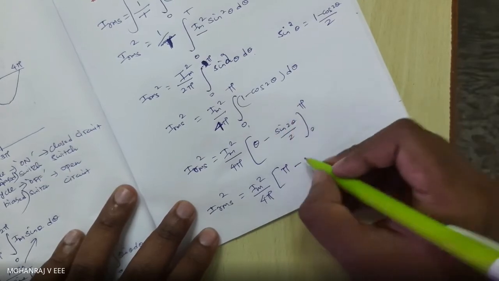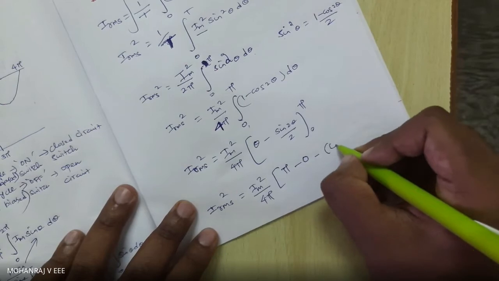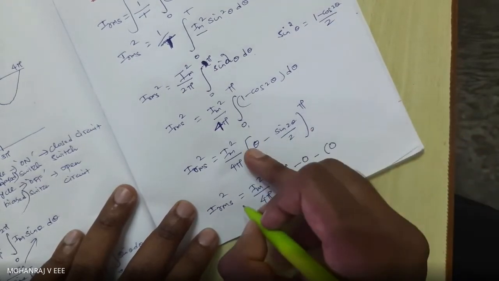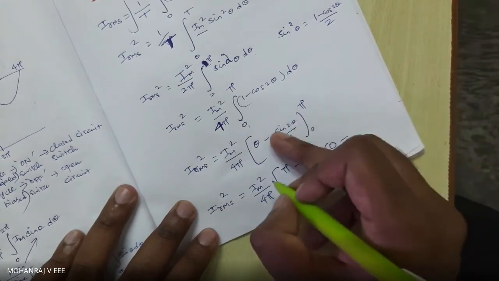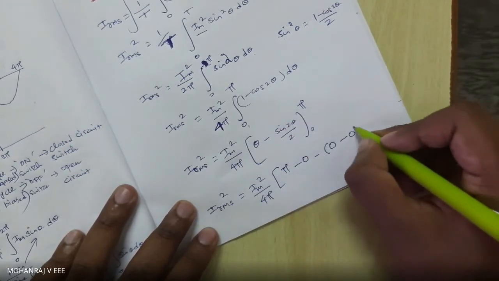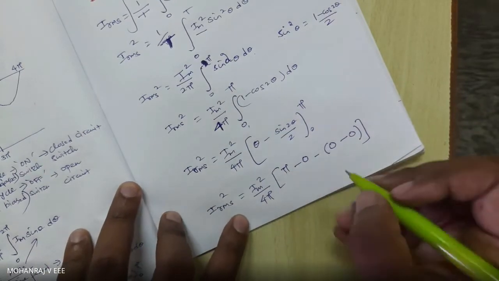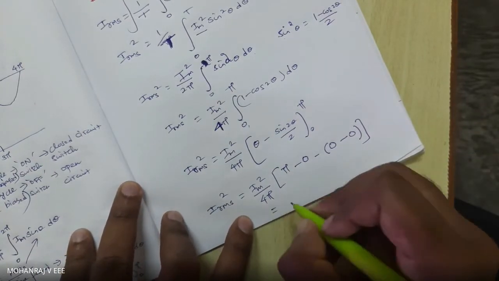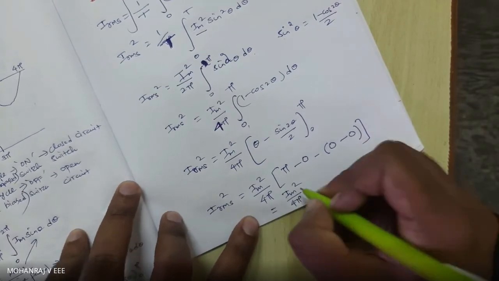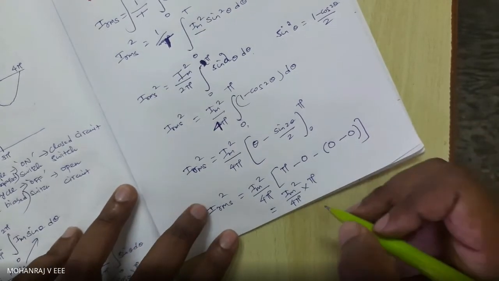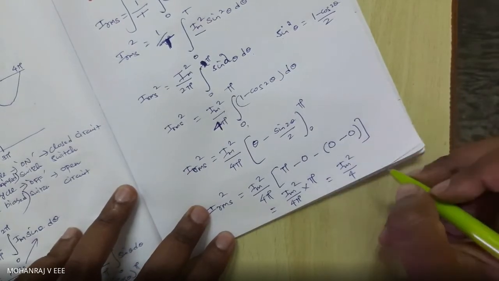Sine 2 pi will become 0. Substitute the lower limit. Minus of minus, you substitute 0, you will get 0 minus sine 2 0. It will become sine 0. Sine 0 is 0. So eventually you get only pi. So this can be written as Im square by 4 pi into pi, which is equal to Im square by 4.